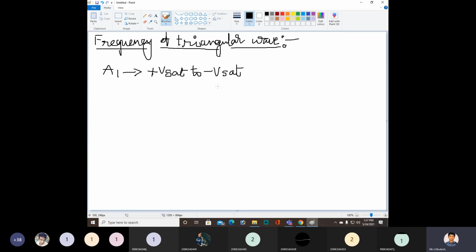Then the voltage at point P is 0 volts. Assume that the voltage at point P is equal to 0. We have a voltage divider, right? R2 and R3.